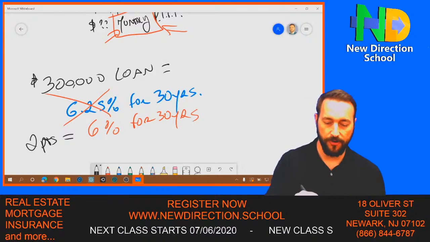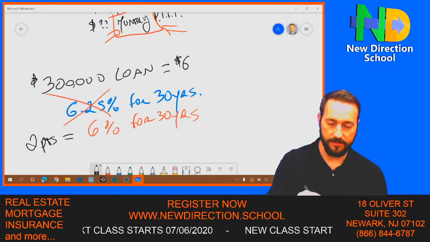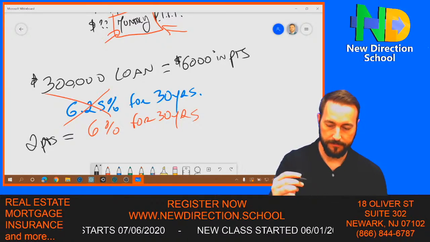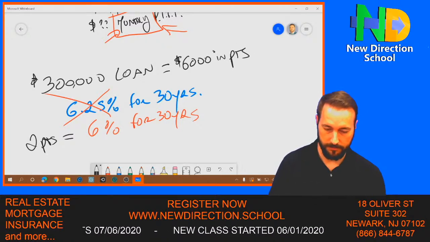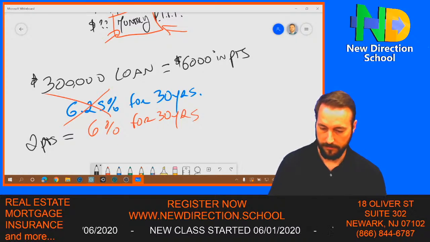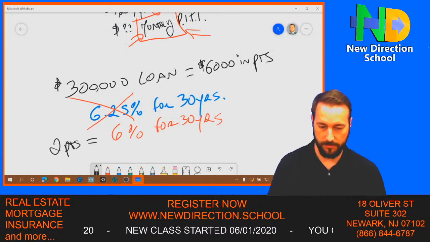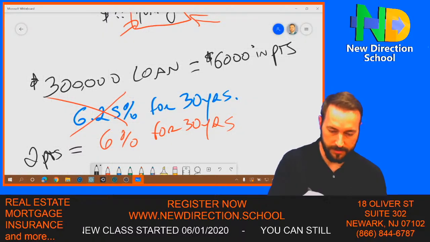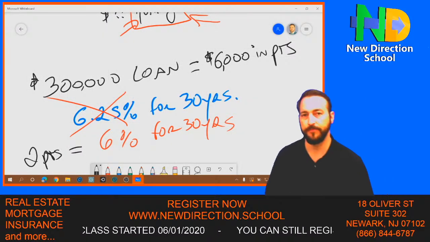That means you're paying up front 2 points, $6,000 in points. I'm sorry. So $6,000 in points up front, right?